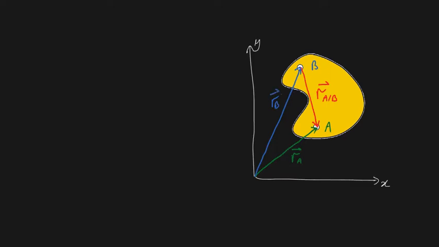Using vector algebra, we can figure out how to describe these vectors in terms of each other. If we walk up this blue line and down this red line, that'll drop us off at the same position as if we were to walk up this green line right here.